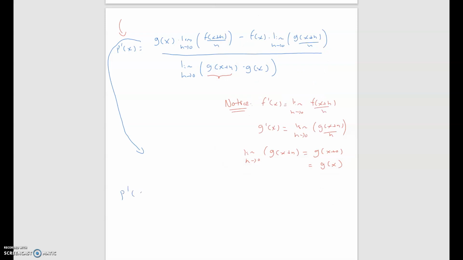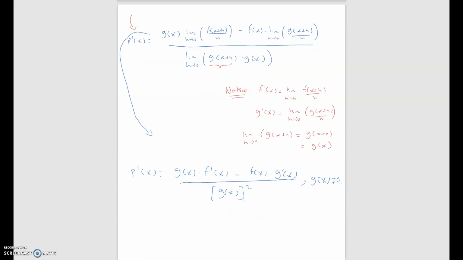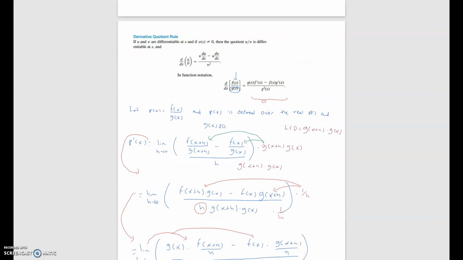So you have that p prime of x is equal to g of x times f prime of x minus f of x times g prime of x, and at the bottom, we have g of x times another g of x, or g of x quantity squared, provided that g of x is not equal to 0. This proves the statement, and we now have shown that this formula is valid.